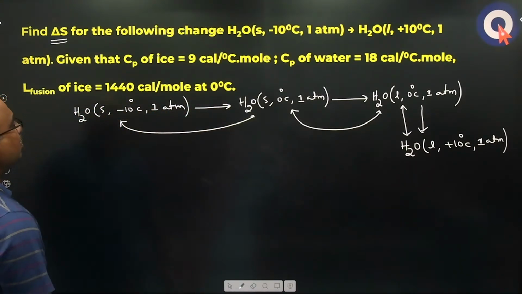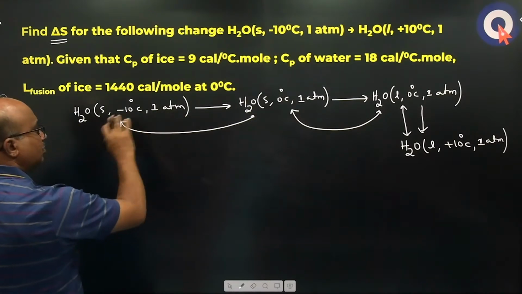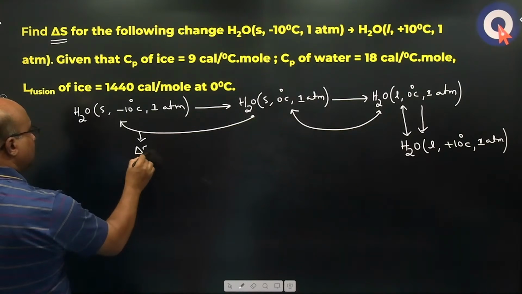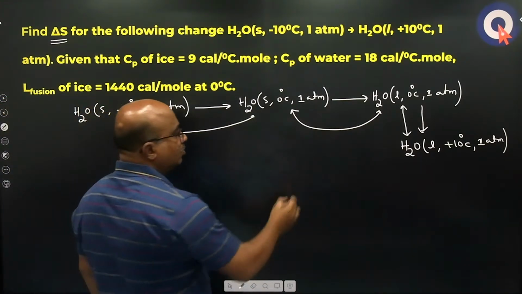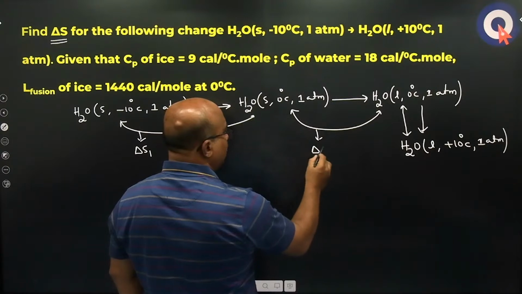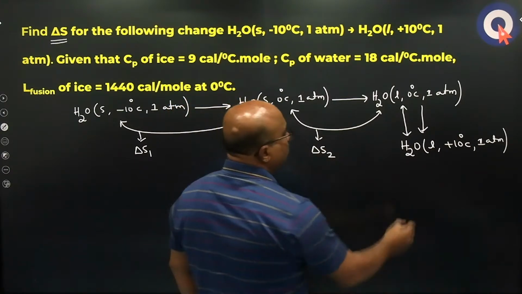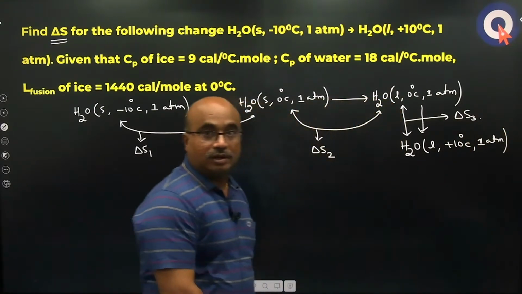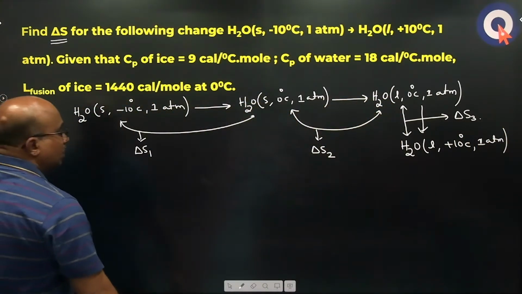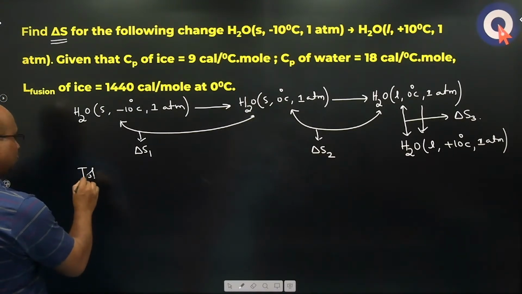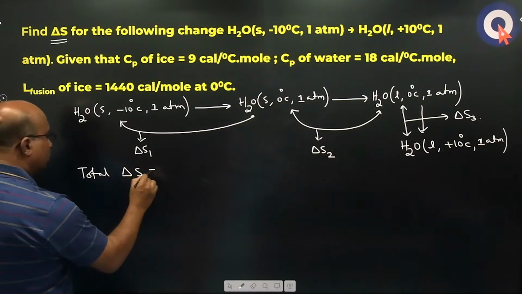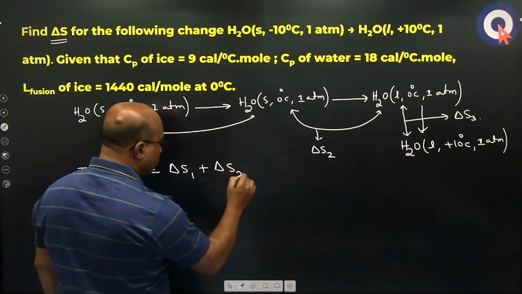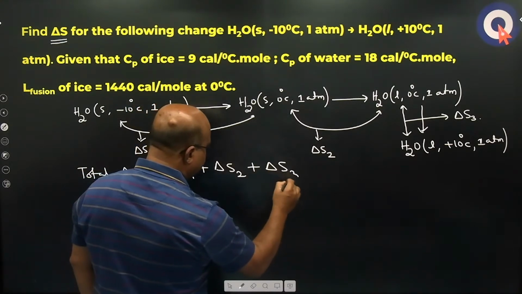So during this process, at the first stage suppose the entropy change is delta S1, at the second stage delta S2, and at the third stage delta S3. The total entropy change, total delta S, should be delta S1 plus delta S2 plus delta S3.